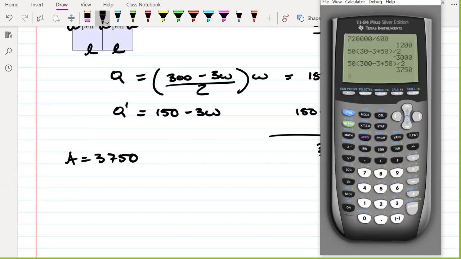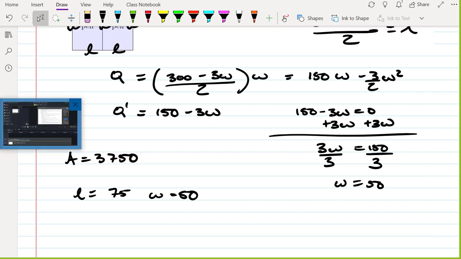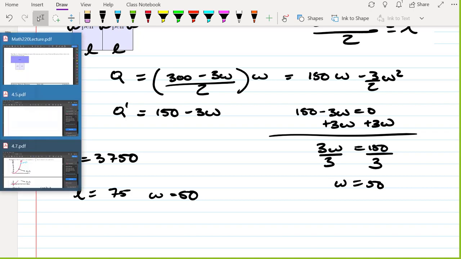So then to find our length, we would divide that by 50. And we would get L is 75, and W, which we found at the critical number, was 50. And if we tested either of the endpoints, we found that those were both of the extreme values that gave us 0 for our area. All right.